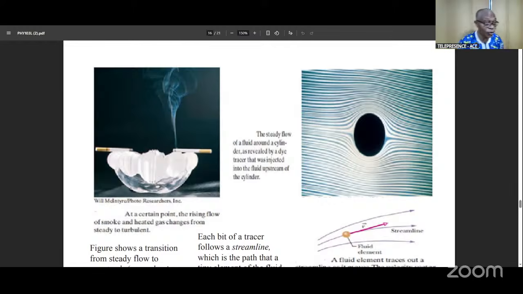And that is the case also with solar wind that comes from the sun. On getting to the earth, it describes something similar to what we have here. And so we have what we call the bow shock. The bow shock is somewhere there, at the point where they start to move around that object that is obstructing the flow of fluid.